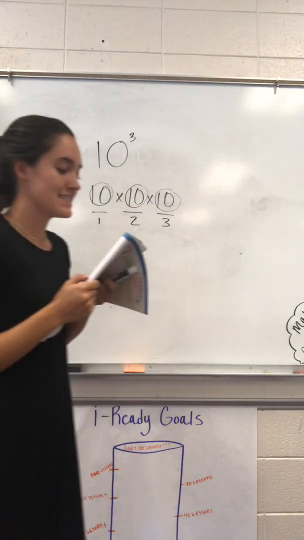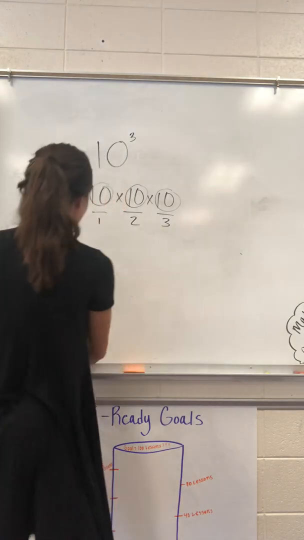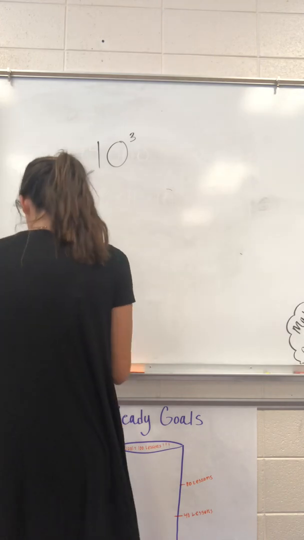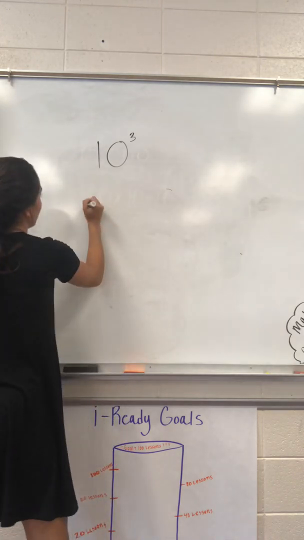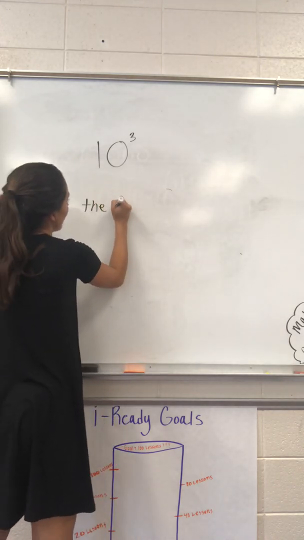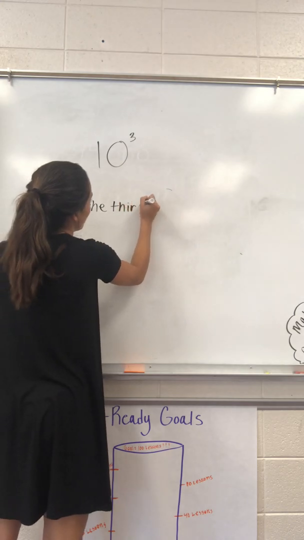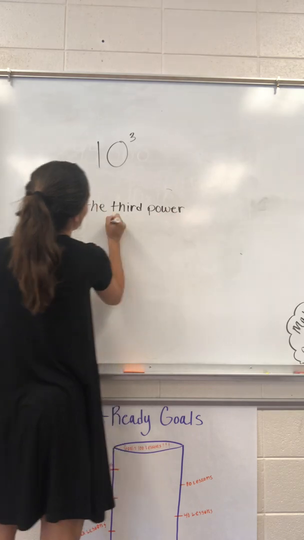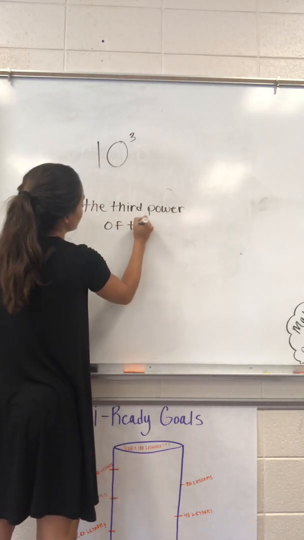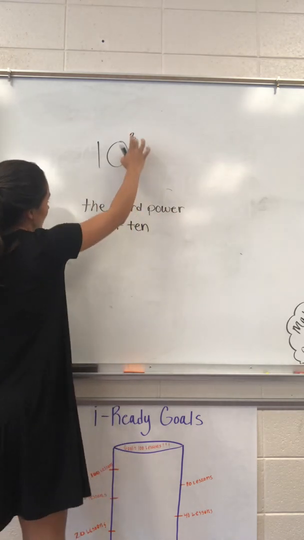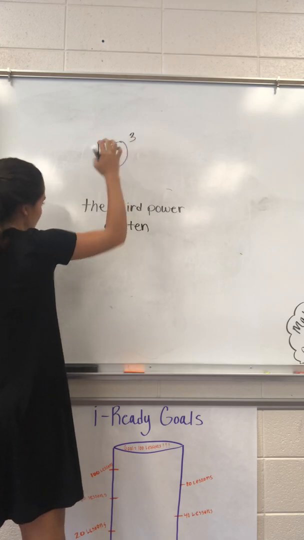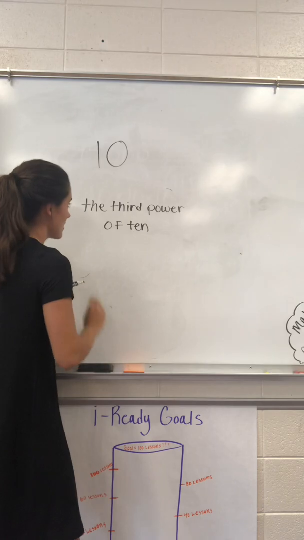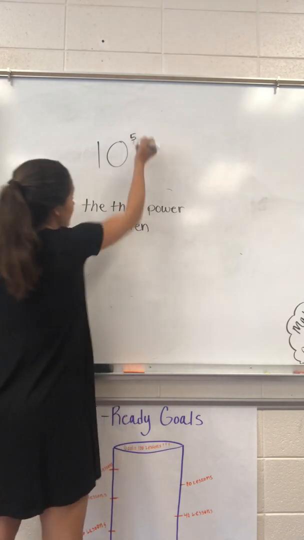And it asks you to write this in word form. So this is how we would write it in word form. We're going to say the third power of 10. So we've got the third power of 10. So let's say this number was a 5.